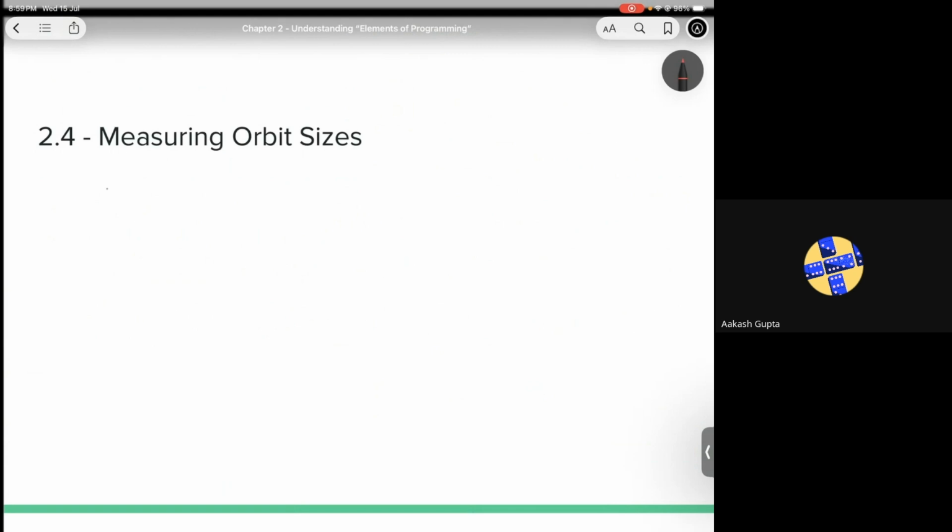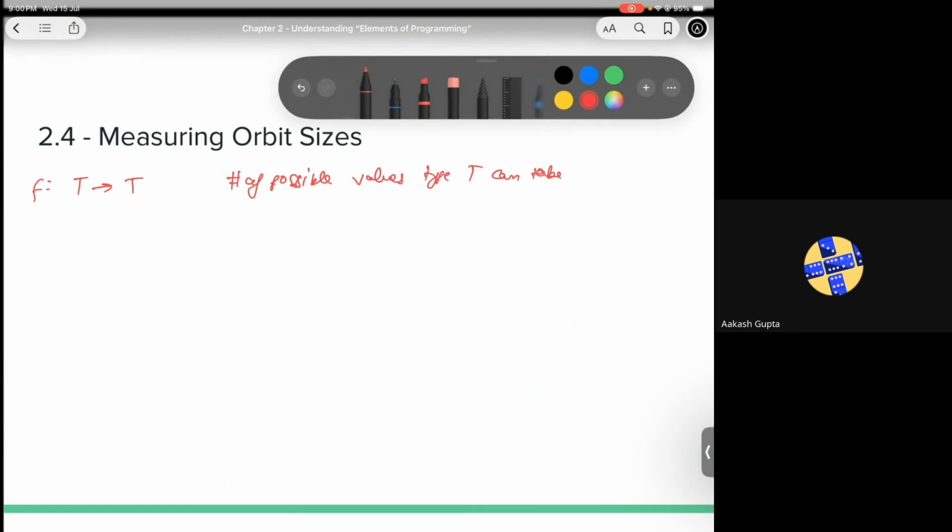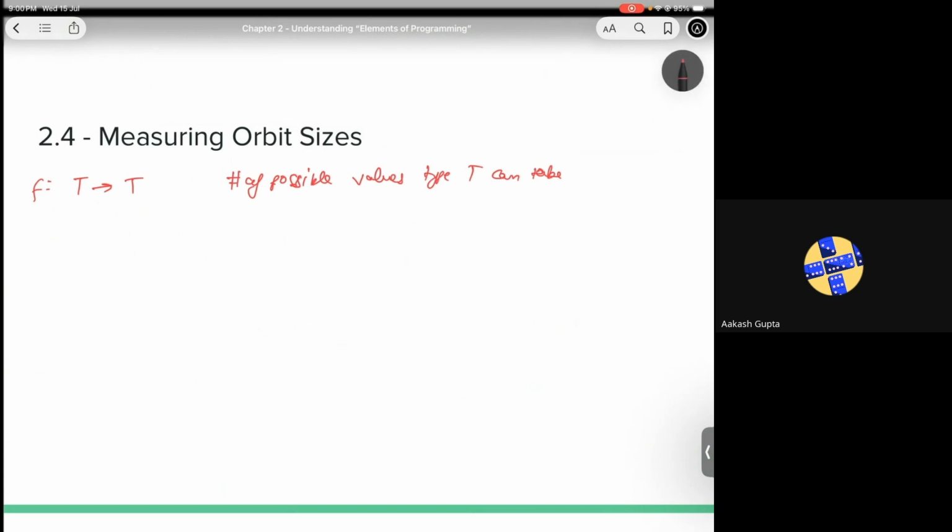So let's say we have our type T, where the function is applicable from type T to T. The total number of possible values type T can take, let's say it is representable in k bits, or without going into bits, let me keep it more general: the number of possible values type T can take is, let's say, n.